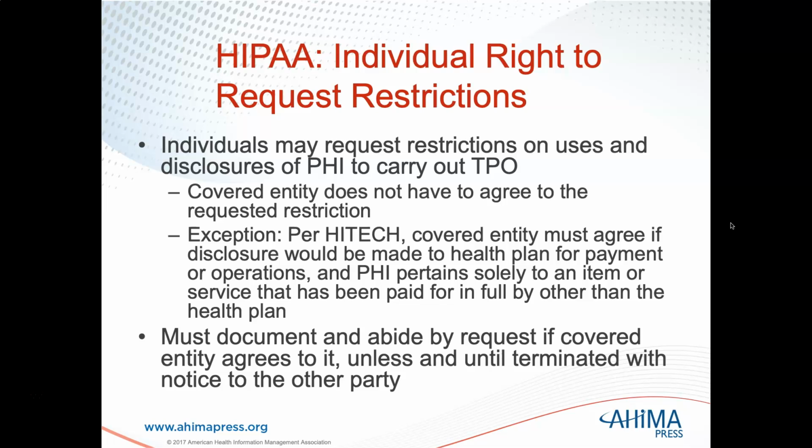So, for instance, in a coding queue, if a family member or a neighbor's record or a friend's record came up into their queue, they could request that it be removed from their coding queue and given to a different coder because they were familiar with that person and they didn't want any chance of any issues coming up. And we also allowed employees to request that their information go differently.